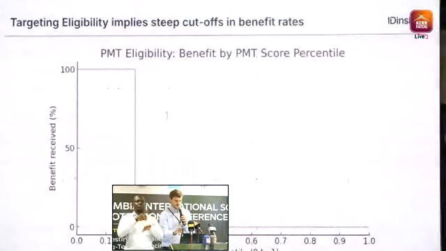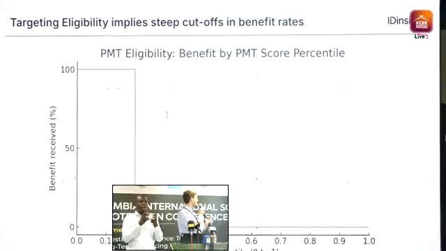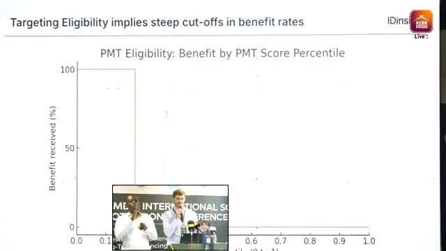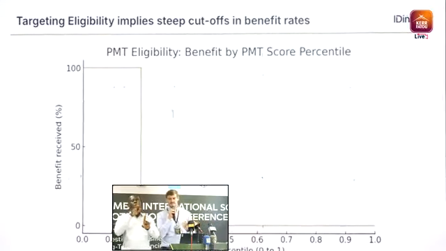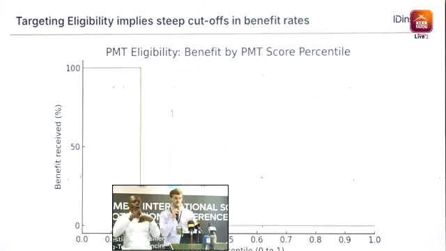So moving into the sort of recap, if you will, eligibility and targeting for eligibility usually means that there is a steep cutoff rate in the benefit. That hopefully doesn't come as a surprise, right?